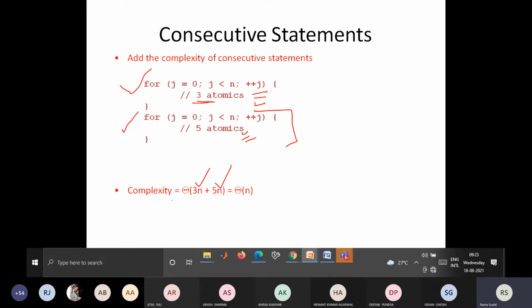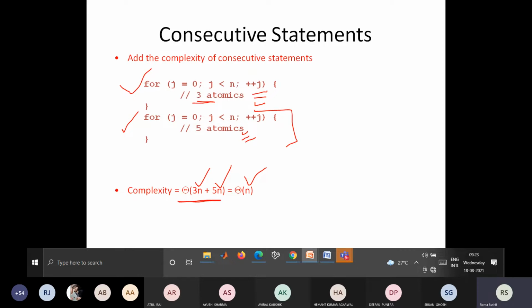So whatever be the case, if you are representing it in theta notation, you can directly represent it in this way. Sometimes you can represent it by explaining in words directly also. You have to observe what the question is asking, whether it is asking for the explanation also or not.